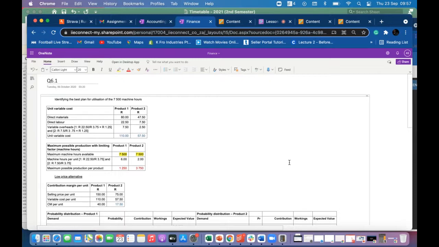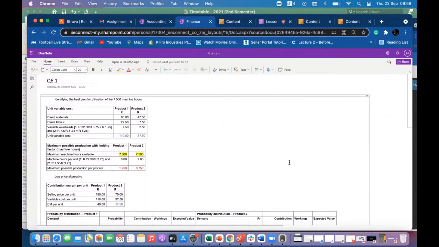Dazzle Ltd is considering manufacturing and introducing 2 new products into the market. The research division of Dazzle has provided the following cost specifications for the 2 products. Okay, so here are the cost specifications, the total unit cost, you've got that there.